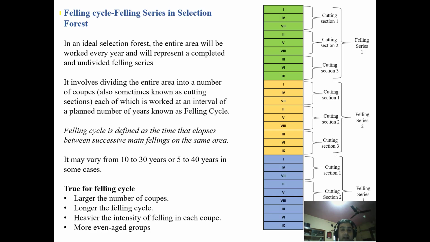Now, the felling cycle in the selection system. You know that uniform selection is different, clear felling selection is different, and the selection system is different, wherein we go for culling or harvesting of selected trees that mature. So if we consider this as a selection forest, we can divide it into working circles, and within the working circle we can have felling series 1, felling series 2, felling series 3, and each felling series has 3 cutting sections.